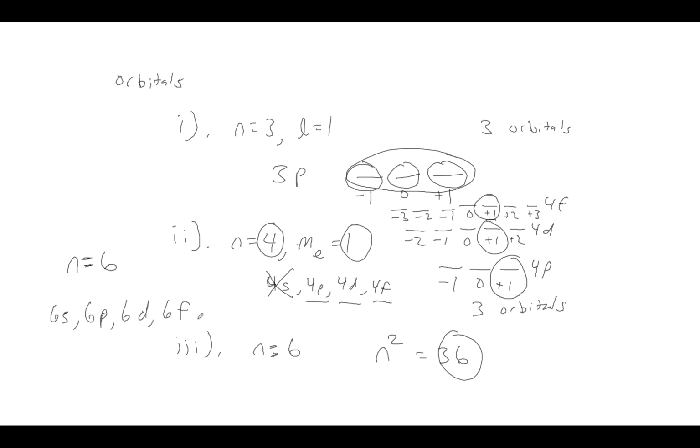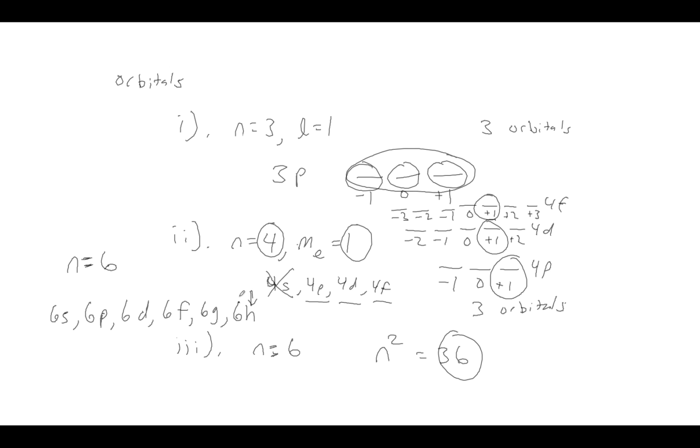Why? Because technically we can have higher and higher virtual states that would never be occupied. Like for our 6g, and a 6h, I think we go up to a 6h. Now the number of distinct orientations for a g orbital would be 9, so we're going to add 9 to our 16, and then we're going to have to add 11 for the h.